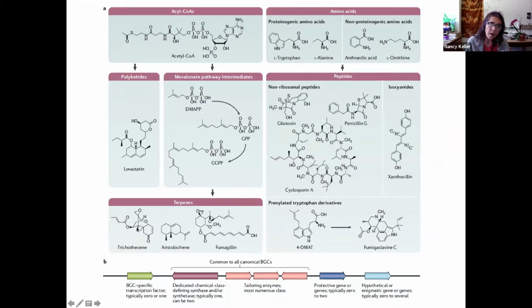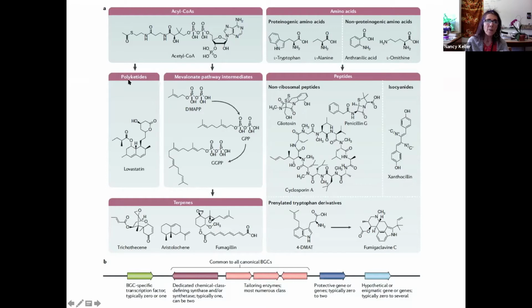All of these complex natural products here are almost invariably found in a biosynthetic gene cluster. And this arrangement has been very useful in the bioinformatics study of fungal natural products, because typically in biosynthetic gene clusters, you'll have the synthase that makes the particular chemical class.